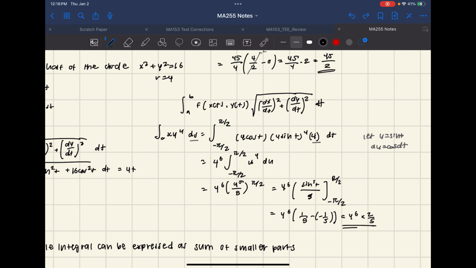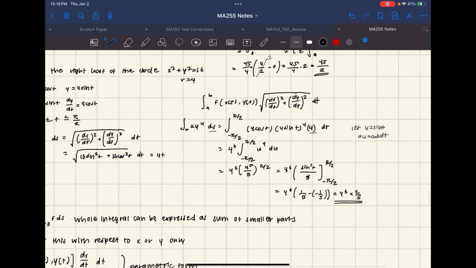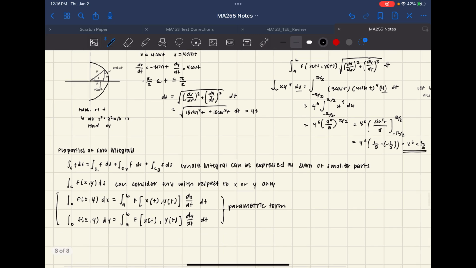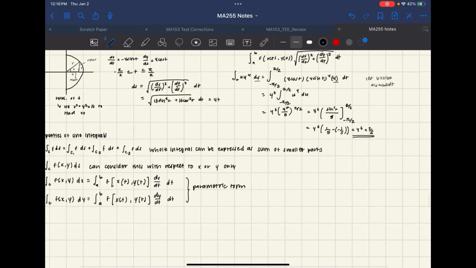So that's how you would do it if you weren't given x and y explicitly in the question itself: you would have to find it as a function of t and then go about solving it as usual. Next, here are some properties of line integrals.